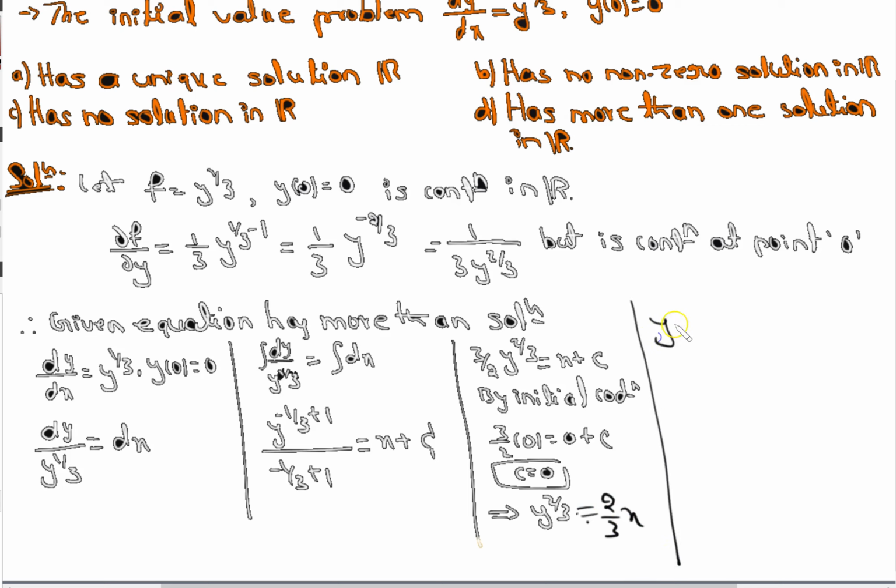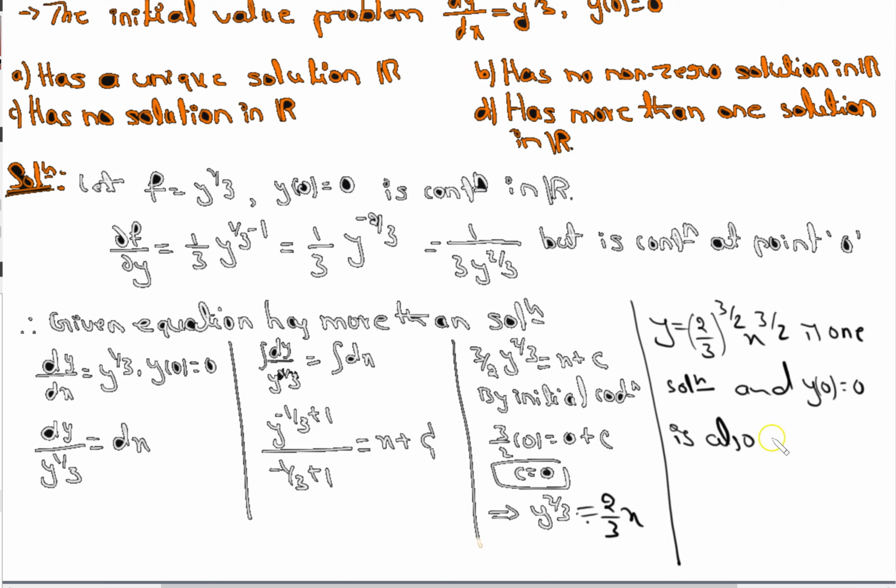Now this is nothing but y is equal to 2 by 3 to the power 3 by 2 x to the power 3 by 2 is one solution, and y of x equal to 0 is also one more solution.